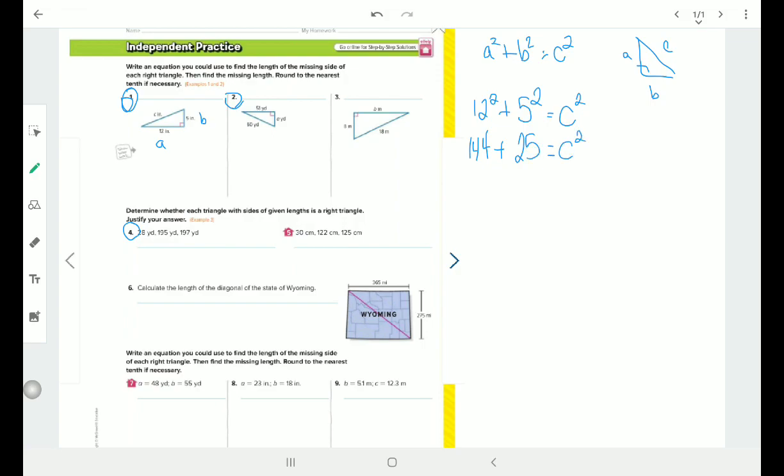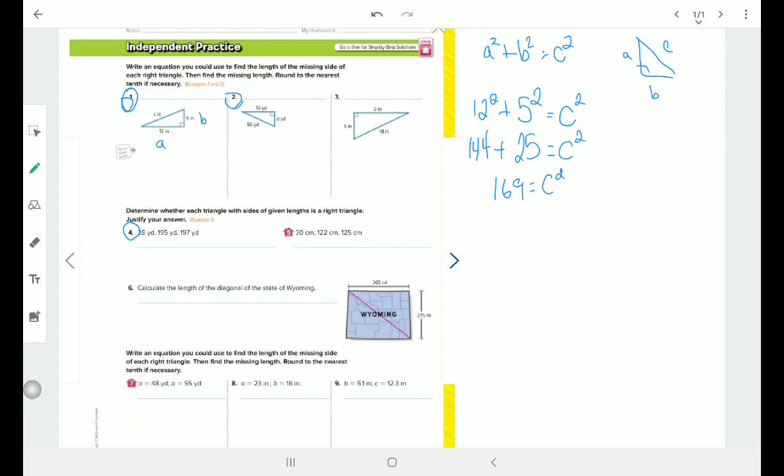Now you can keep following this process. What can you do next? Well, we can add 144 plus 25, and that gives us 169 equals c squared. And now how do we solve for c? Because that's what we're ultimately looking for. Well, we need to get c by itself. It's being squared, so I have to do the opposite of squaring.